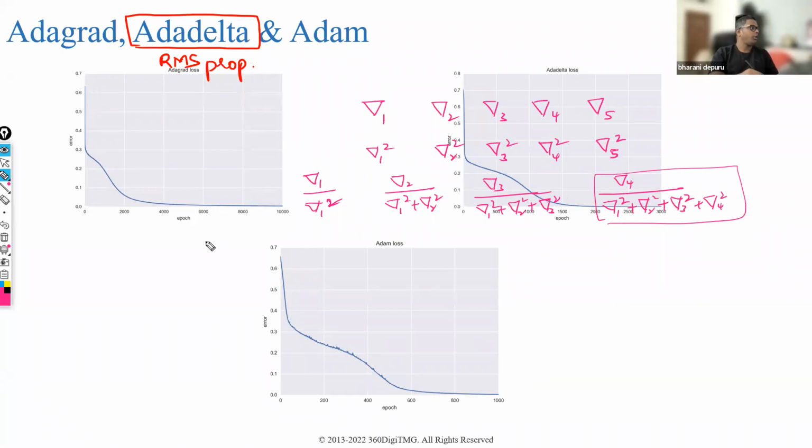Here in AdaDelta, what you do is you maintain all these grads and the squares of them. Then you assign them position values. Grad 1 is the first position. Grad 2 is the second position. Grad 3 is the third position, so on and so forth.